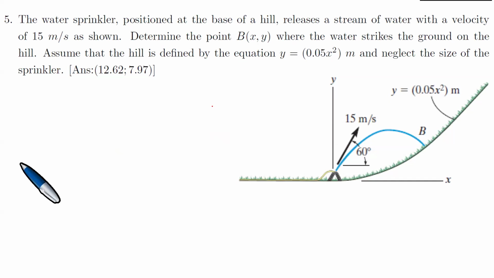So there are certain kinds of equations of motion that we're going to focus on at this point. But now we are told here that the water sprinkler positioned at the base of a hill releases a stream of water with a velocity of 15 meters per second. So if the velocity is exactly 15 meters per second, it means that we have a couple of things.